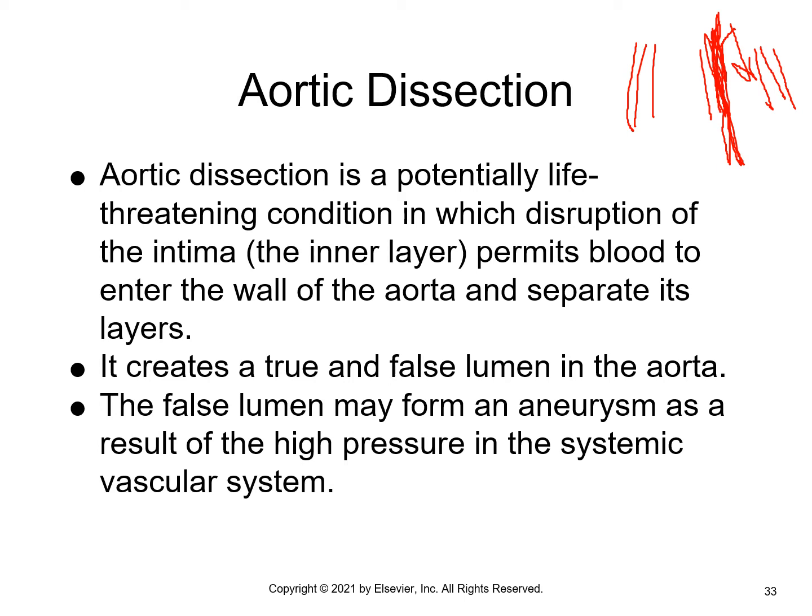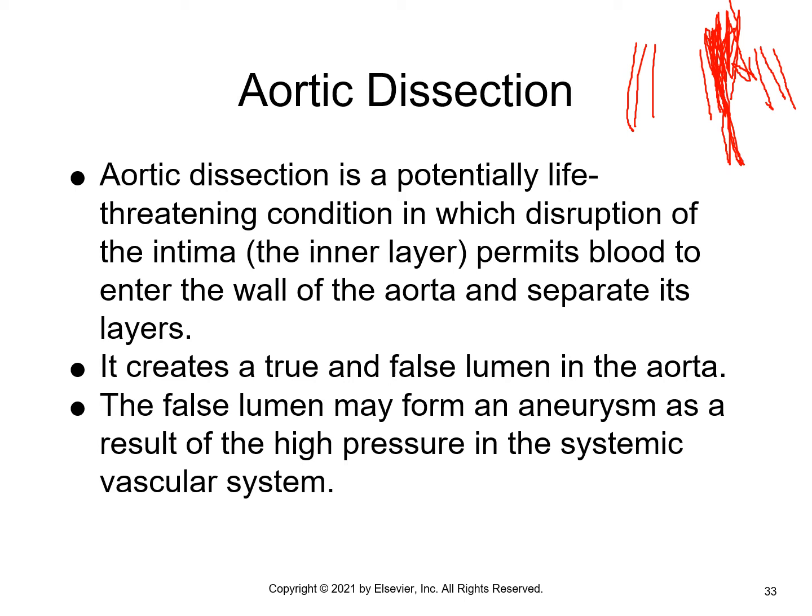The other problem here, as the pressure increases in what we call this false lumen, it's going to tear that tunica intima more and more significantly until really the vessel can be totally filled with dissected aorta, and there's no normal blood moving through anymore.